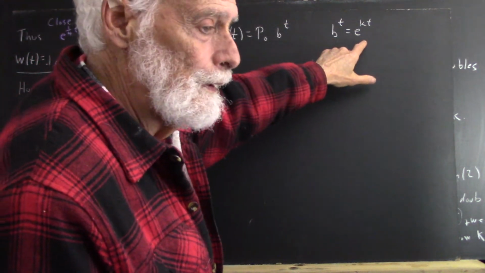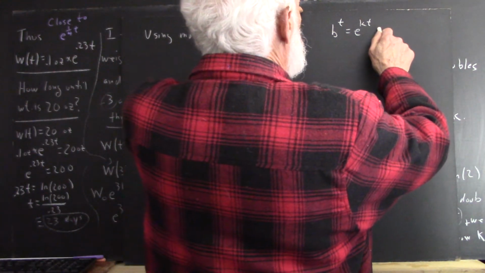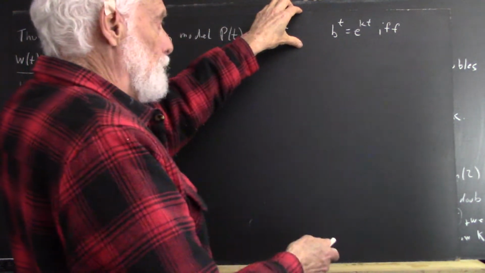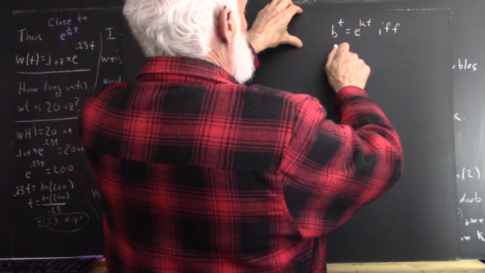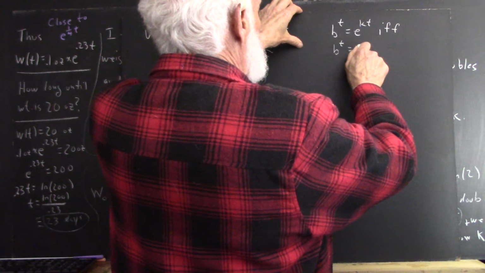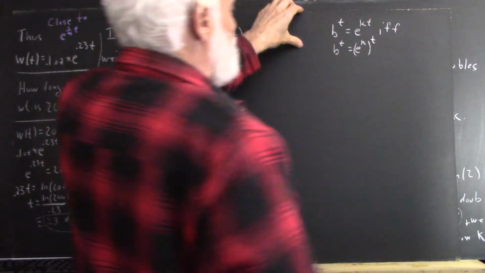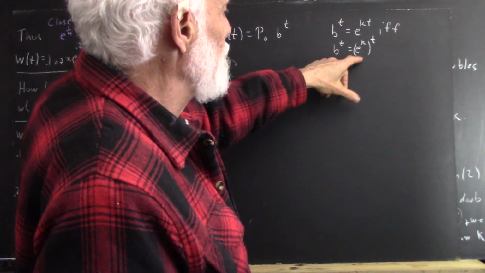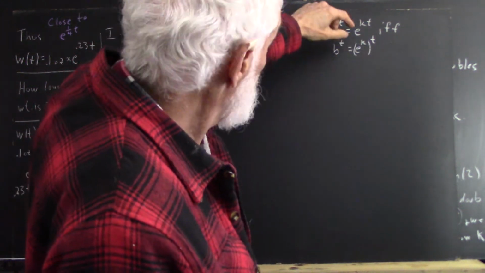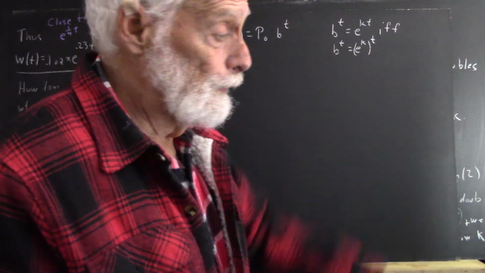This is true if, and only if, b to the t equals e to the k raised to the t. Now this is an identity. e to the kt is e to the k raised to the t by the rules for exponents.